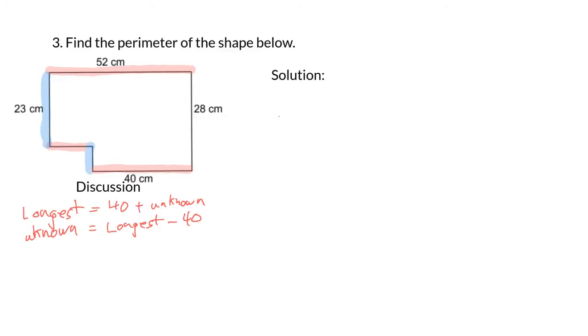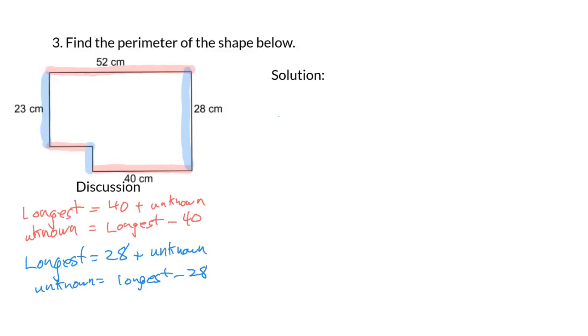So that means we have to take the longest blue side, and that's equal to 28, which is here, plus the unknown side, which really means that the unknown, if I wanted to find it, is equal to the longest parallel side minus the 28.